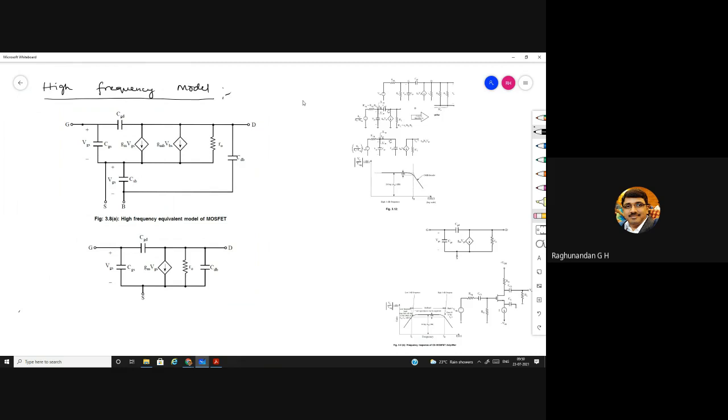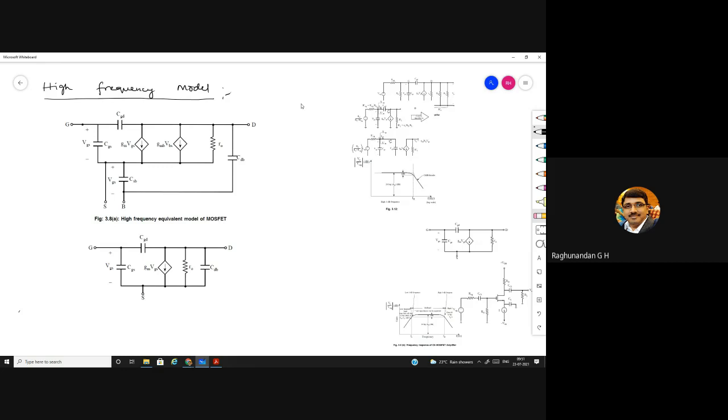For the high frequency model, we consider the hybrid pi model only. As you know, in a hybrid pi model, we will be considering each and every capacitance which is exhibited in the MOSFET. In the same way, in high frequency modeling, we consider the same hybrid pi model, and we are going to consider all the capacitors here.